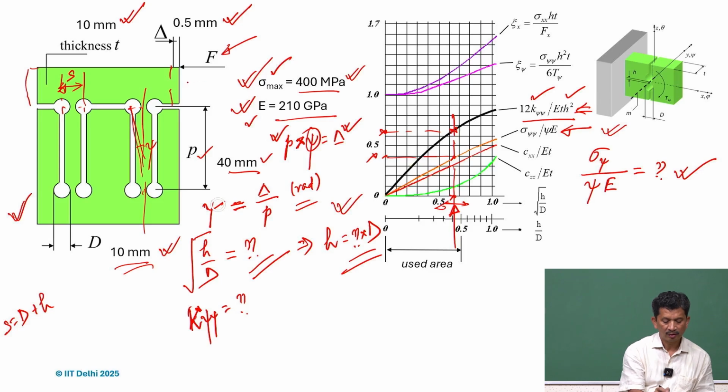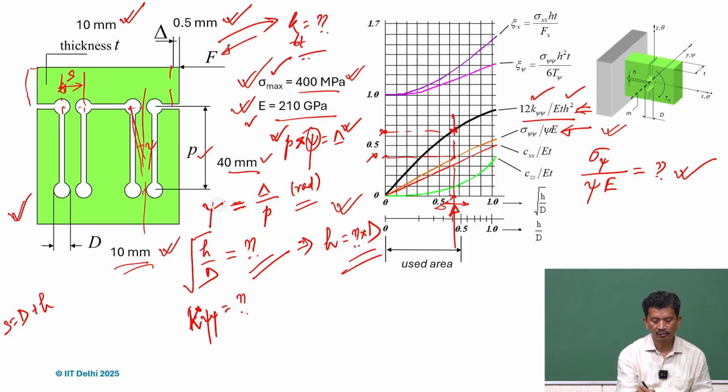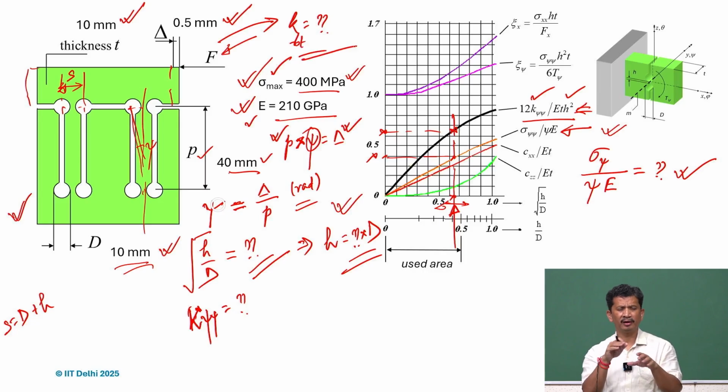And if I'm interested in knowing the k total, when I'm applying a force, what is the stiffness felt at that point by the actuator? Then using the equations and equivalence, we can also find k total in terms of k psi.